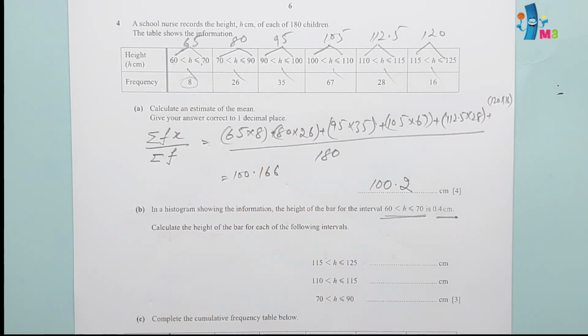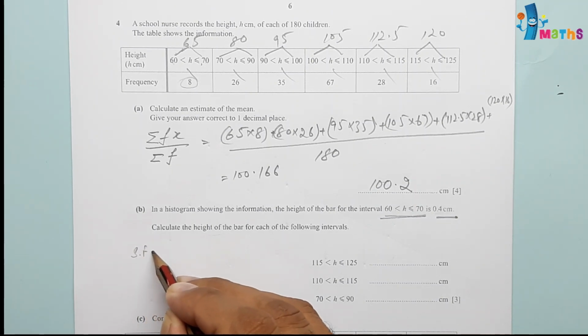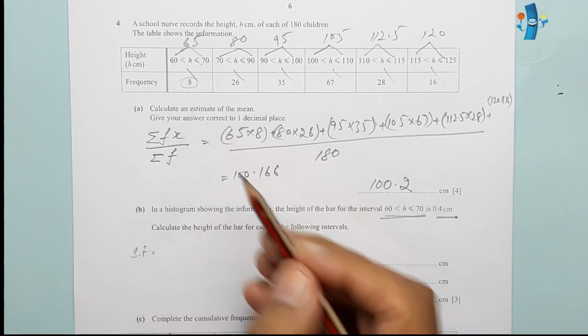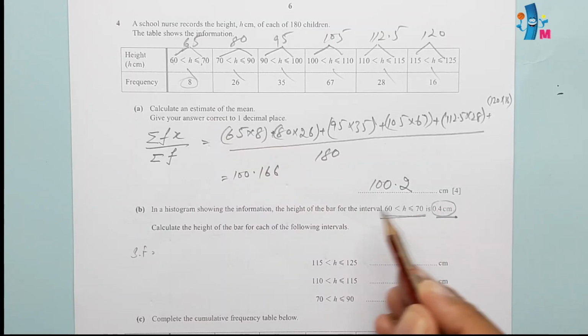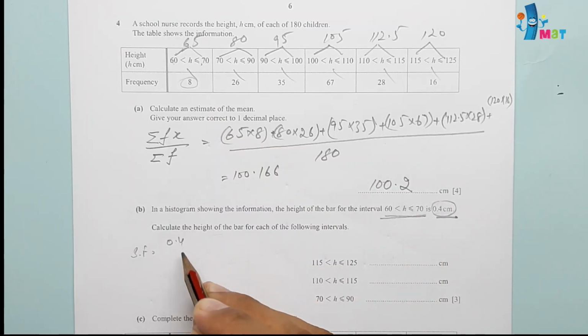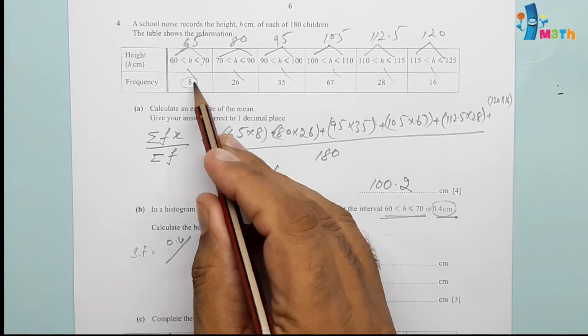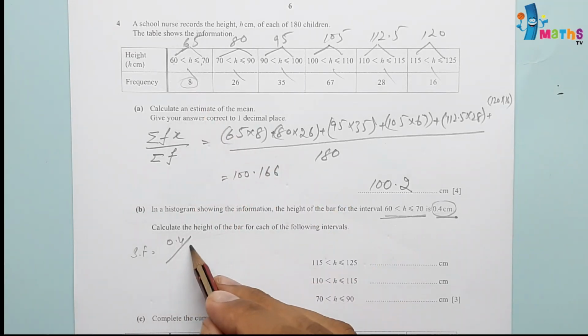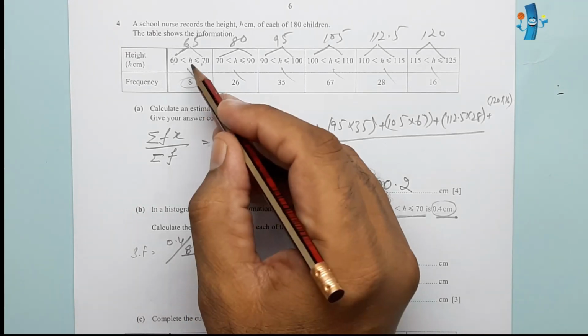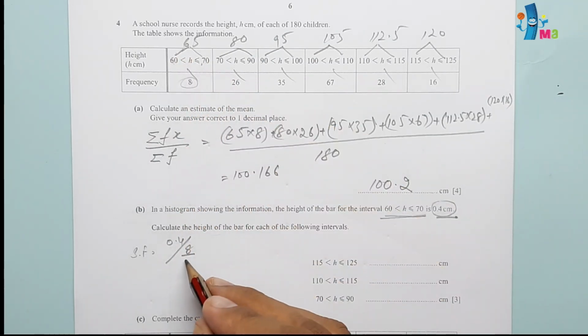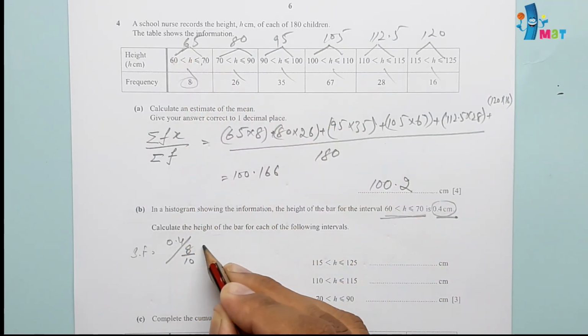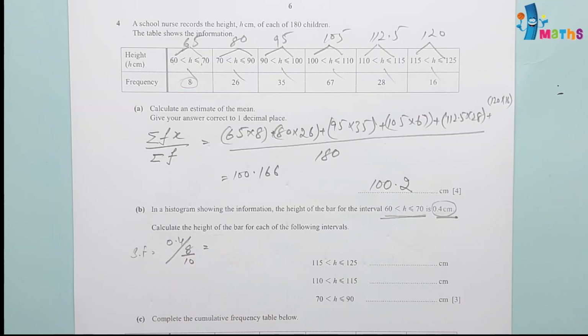First of all, we will calculate the scale factor. The scale factor will be equal to 0.4, which is given, divided by frequency 8 divided by class width, which is 70 minus 60, which is 10. We will calculate the scale factor first.